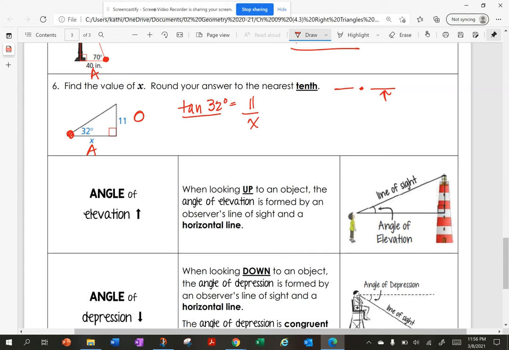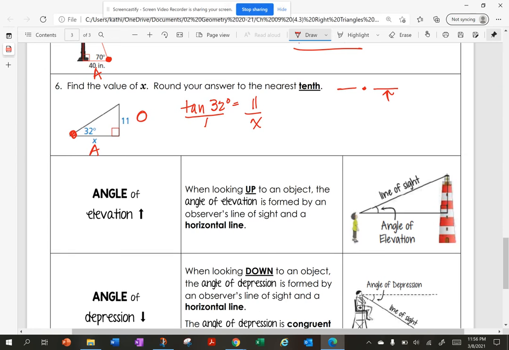So again, this is like tangent over the denominator of 1. So I'm going to cross multiply 11 times 1, and I'm going to divide by the tangent of 32 degrees. So 11 divided by the tangent of 32 degrees, and I get approximately 17.6, and I don't know what the units are, so I just write units for general.